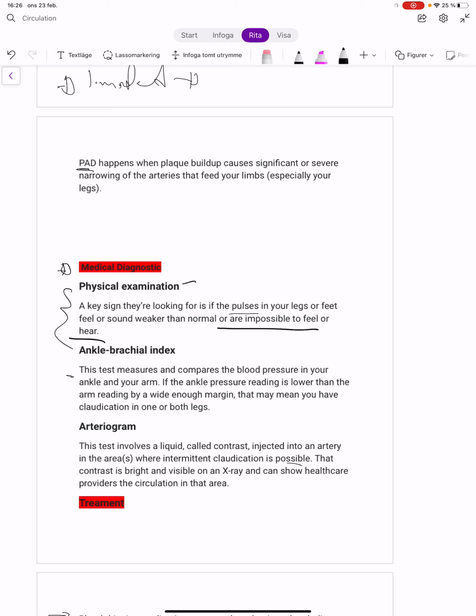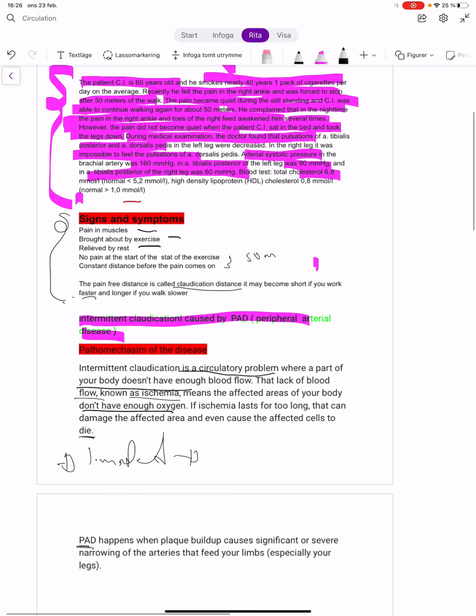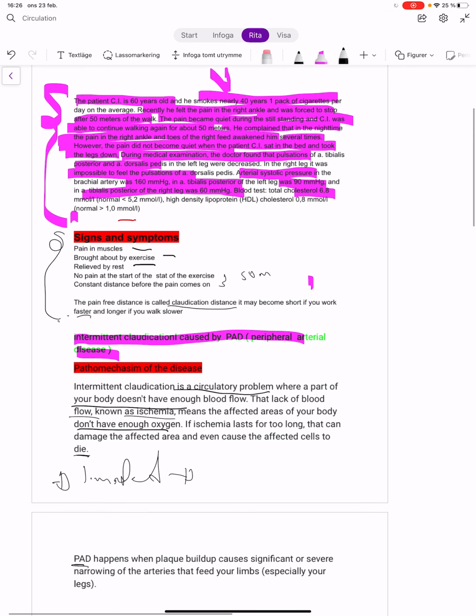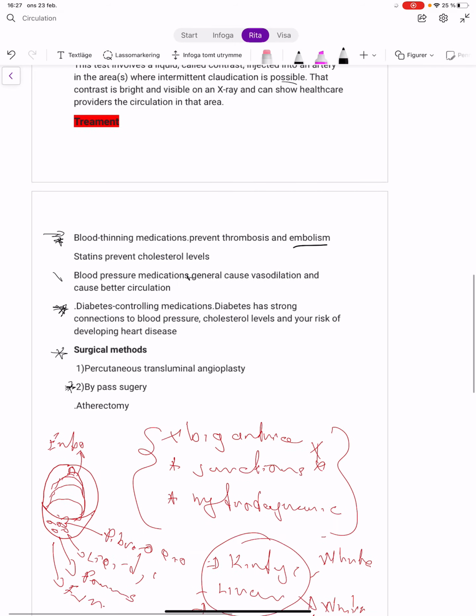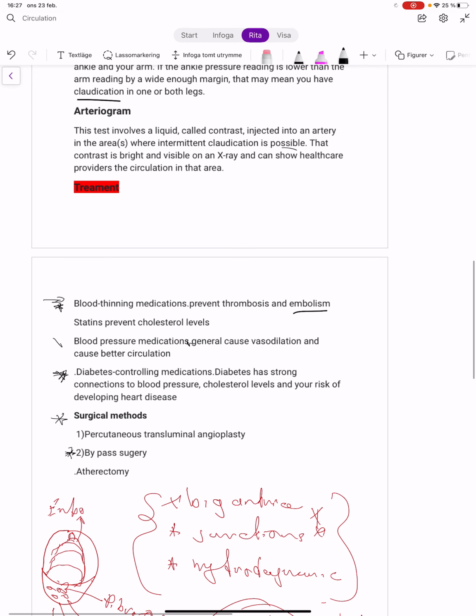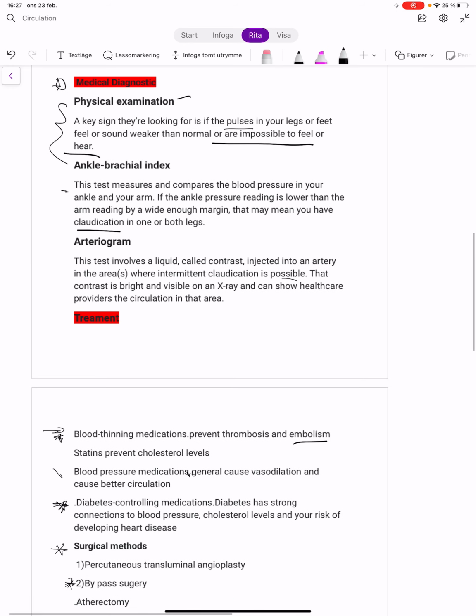If the ankle pressure reading is lower than the arm reading by a wide enough margin, that may mean there is claudication in one of the legs. In our case, we can observe this clearly because the arterial systolic pressure in the brachial artery is around 160, while that of the arteries of the leg is around 60 and 90, which is quite a big margin. This clearly indicates that there is limited blood reaching the legs.